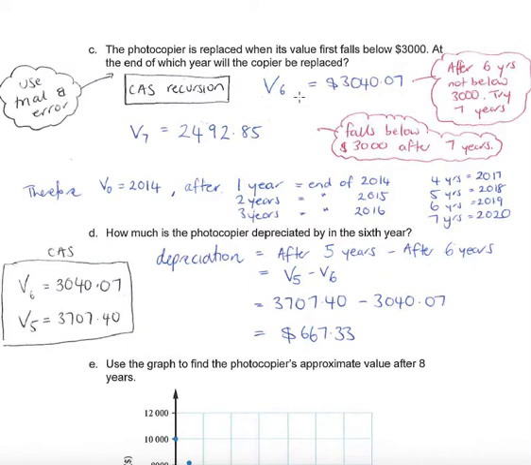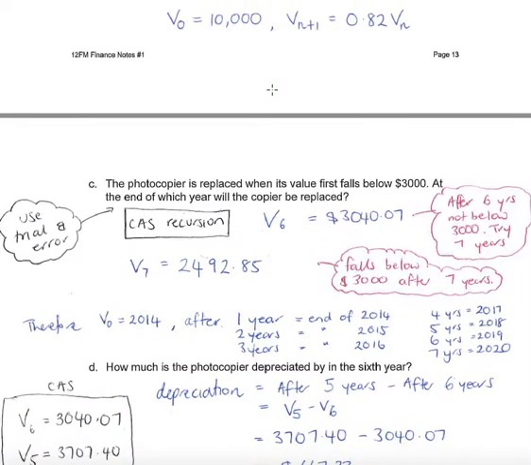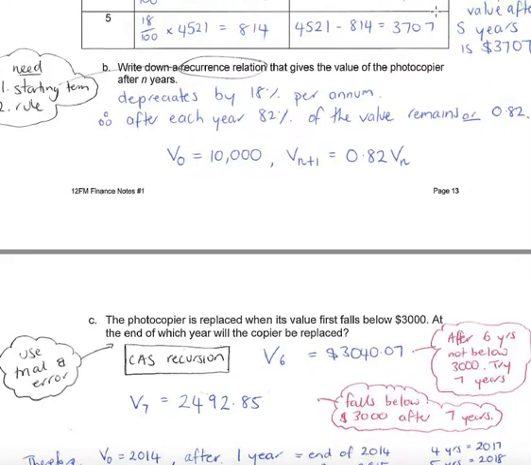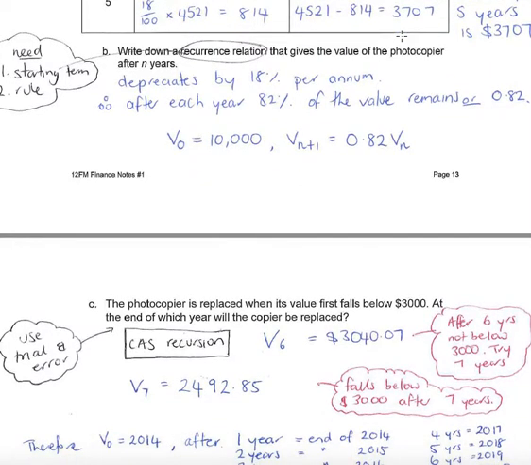If you're using that general formula as we spoke about, putting all the values in as we need to, for V6 you'll use the 5th year value, about 3,700, times 0.82, and you should get $3,040.07.